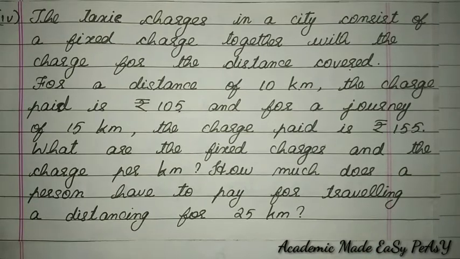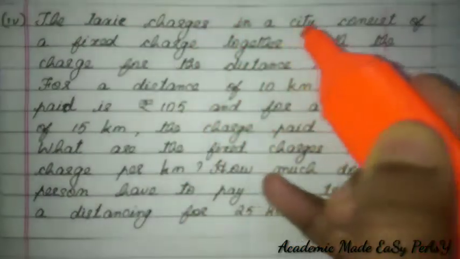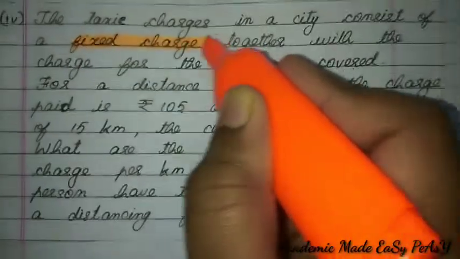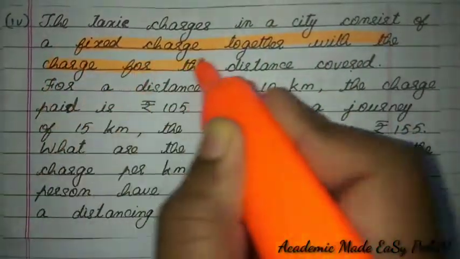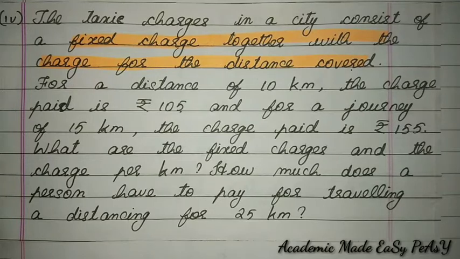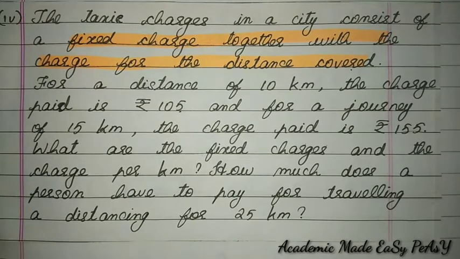So once more, let me read and highlight the points. The taxi charges in a city consist of a fixed charge together with the charge for the distance covered. So here what they have said is we have a fixed charge as well as the charge for the distance covered.